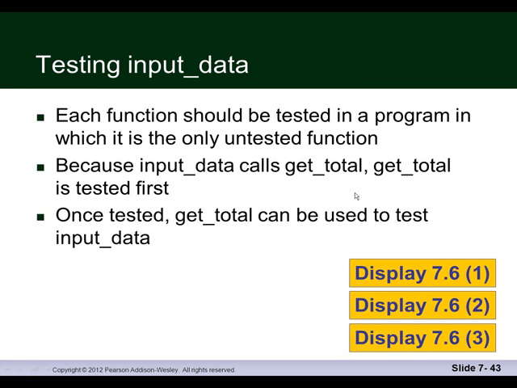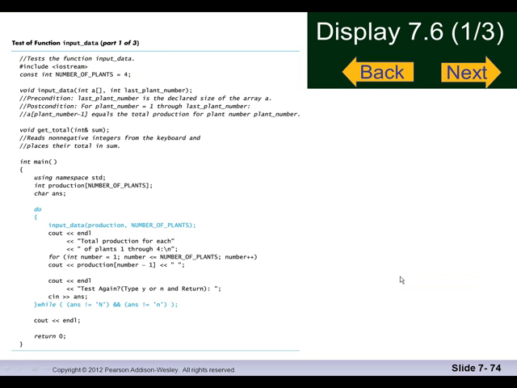Every time we write a function, we want to have some kind of a test program to test it, and also we want to have some testing for each module or each method. So for that we have to know the range, we have to know what can go wrong, and we can test those things out. So in this case, if we are reading some stuff into our function of the input data, we're just going to create a loop to print them out or look at them to be sure we're getting everything done correctly.